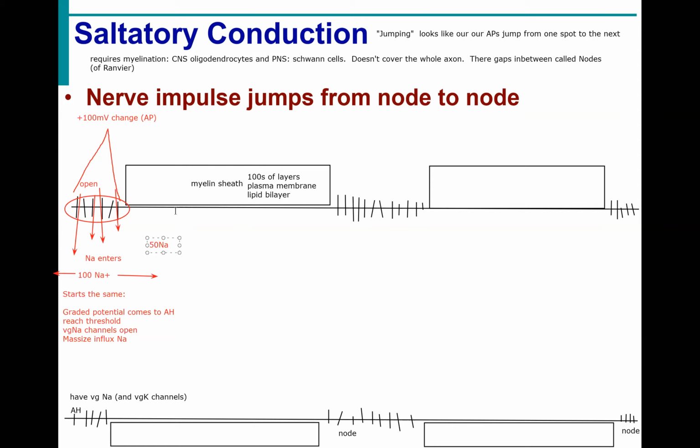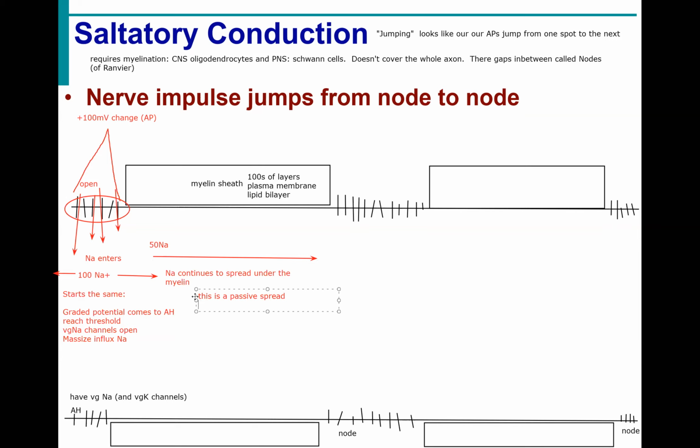But just like when you produce a wave in a pool, it doesn't move to the next section of the pool and then just stop. It's going to continue to spread. So in this case, what happens is our sodium continues to spread under the myelin, which is fine. It's totally fine that this is spreading under the myelin. However, as we talked about, this is a passive spread, like the spread of water in your pool.